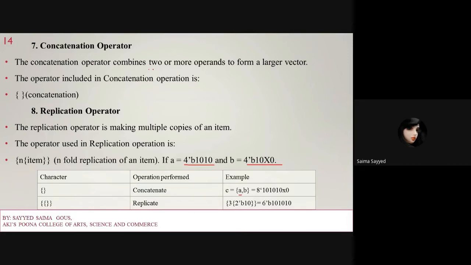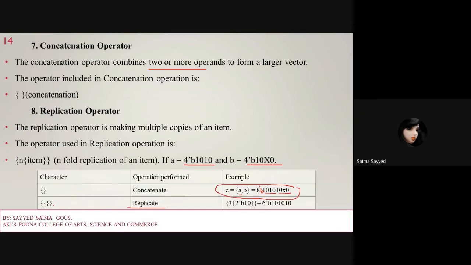So just combine these two operands A and B. 4 plus 4 will become an 8-bit number, so you write 8'b, and then 1010, the value of A, and afterwards the value of B. Just combine these two operands A and B. So this is the concatenation operator.